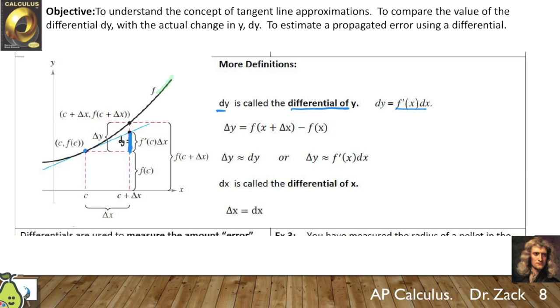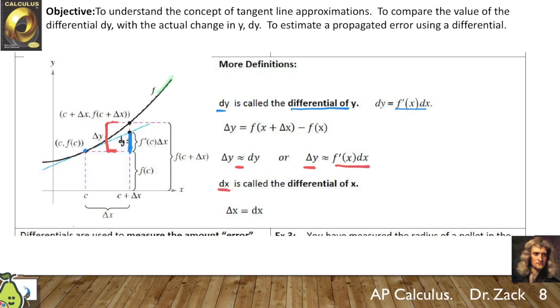So your delta y is going to be the part that I'm drawing in red. So you can see that delta y is approximately equal to dy, your differential. And if that's true, then your delta y is approximately equal to f prime of x dx.